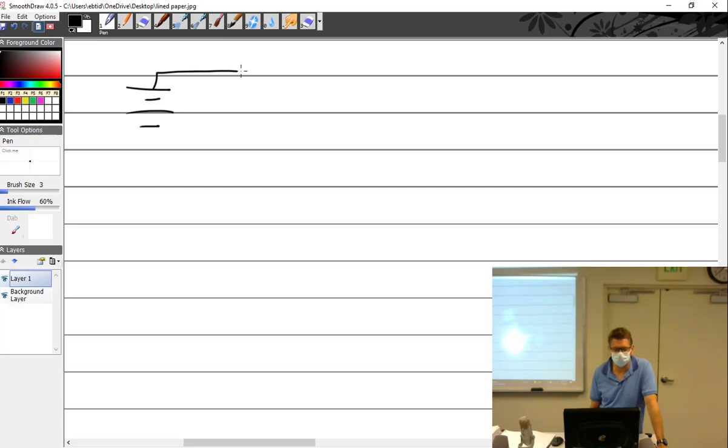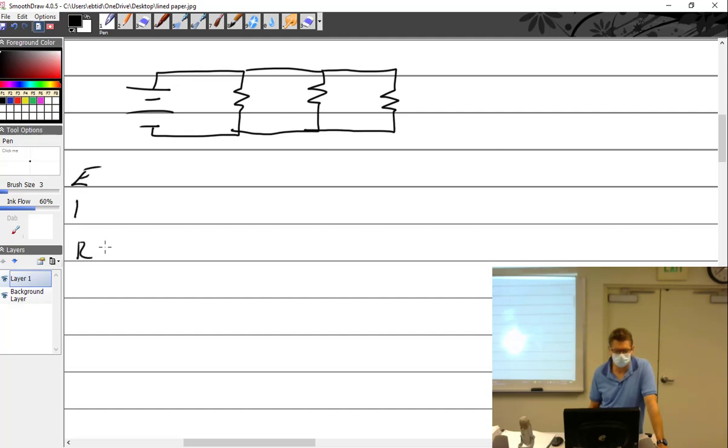3 resistors in parallel. So we've got E, I, and R once, E, I, and R twice, E, I, R, E, I, R. So this will be total, 1, 2, and 3.